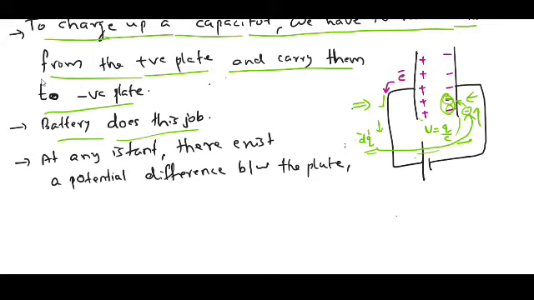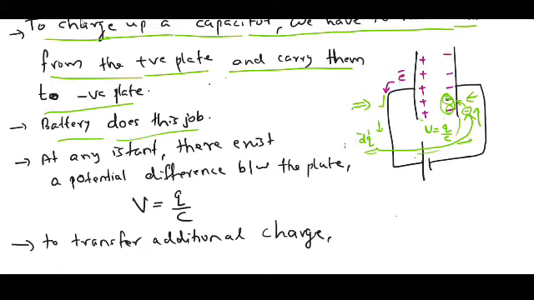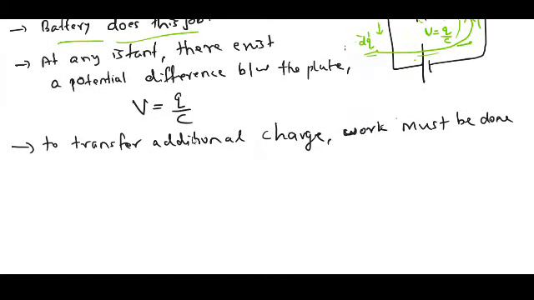That potential difference is given by V equal to Q by C. To transfer an additional charge dq, work must be done by the battery against the electrostatic force offered by the already reached charges. That is the amount of work done to transport a small amount of charge dq.